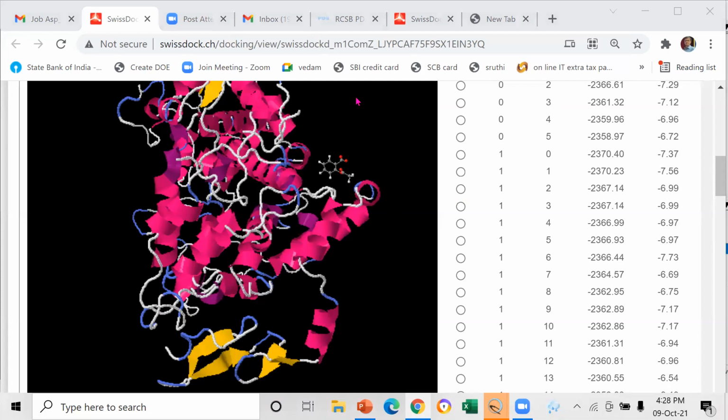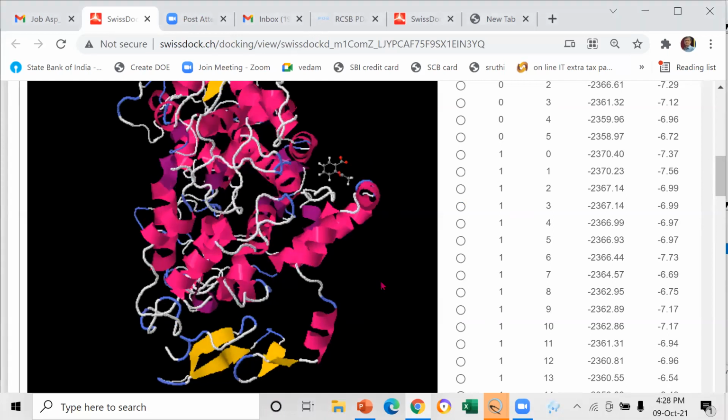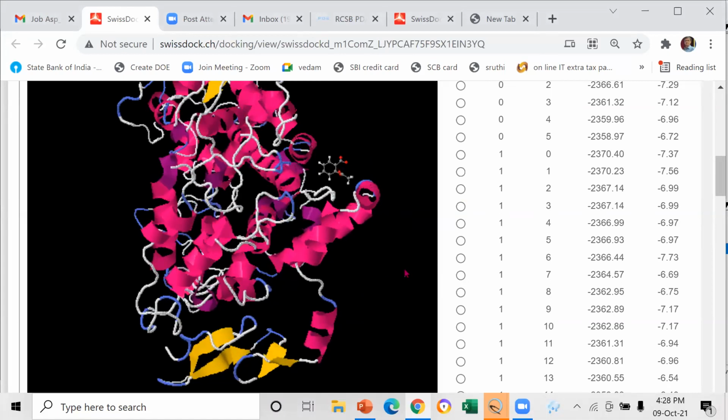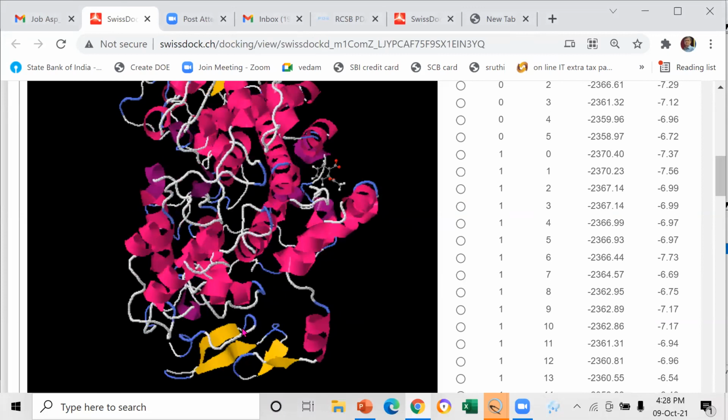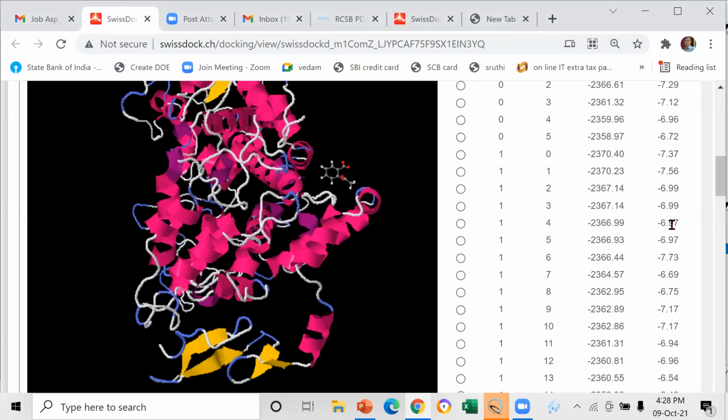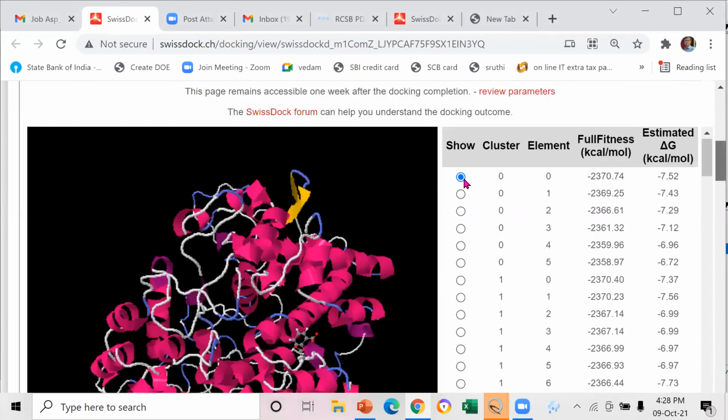It's not visible in the link you have shared. Can you rotate the molecule? Yes, we can rotate. Then rotate and see, it will be there somewhere. First mark one button, the top button. Then you will be able to see.